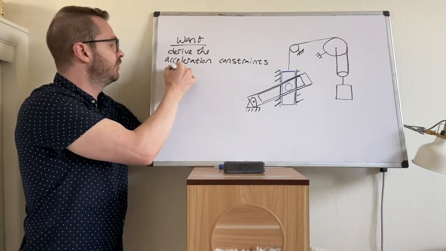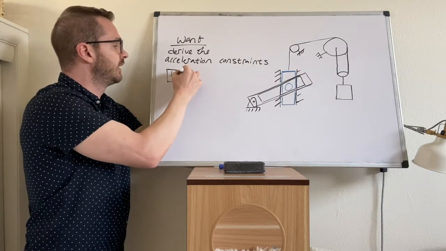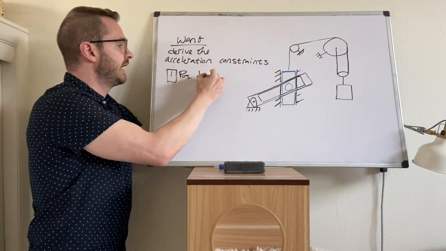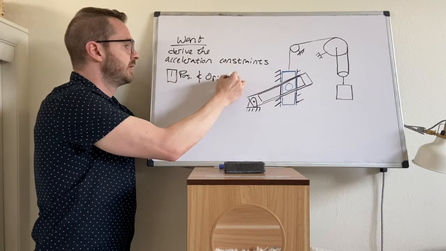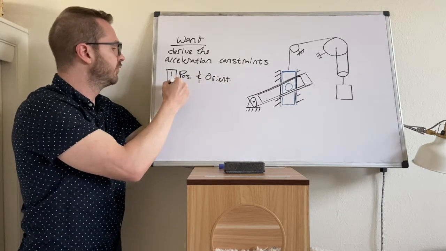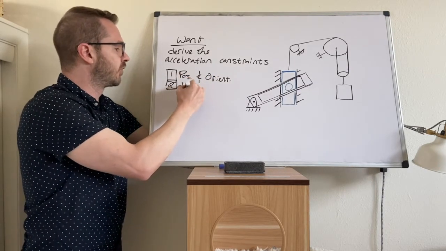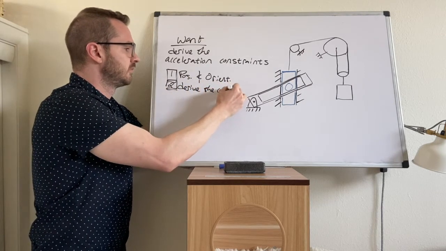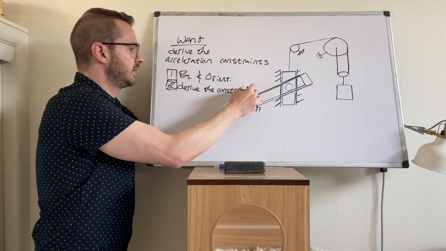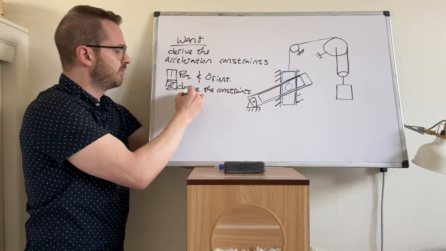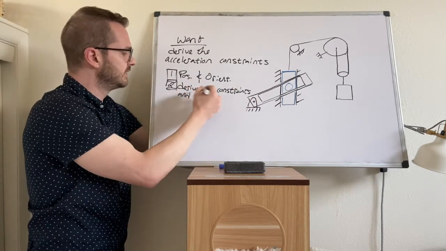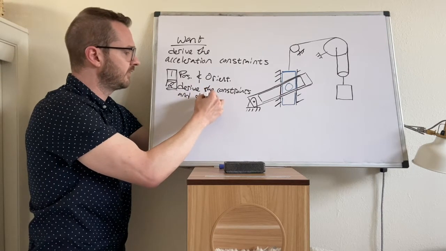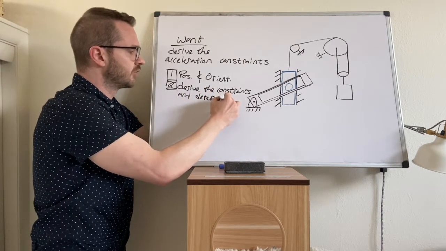First thing we're going to have to do is position and orientation. From there, we need to derive the constraints. And we'll just go ahead and put these together and calculate degrees of freedom.